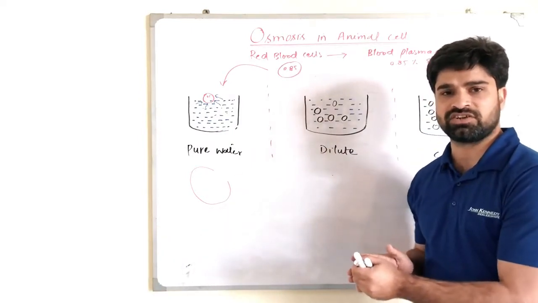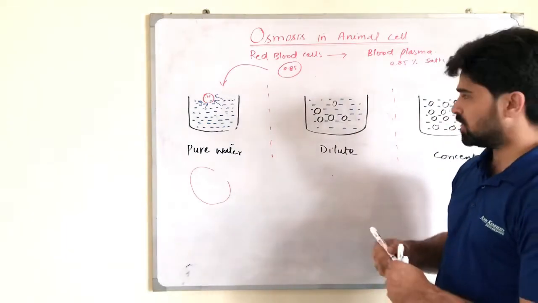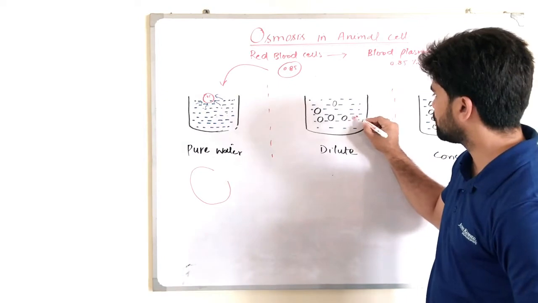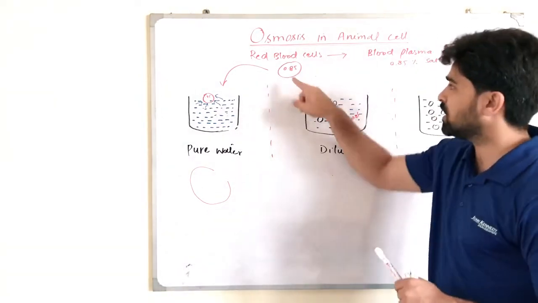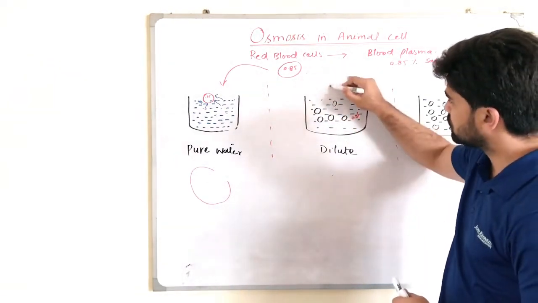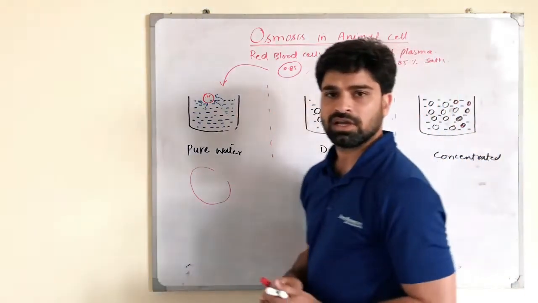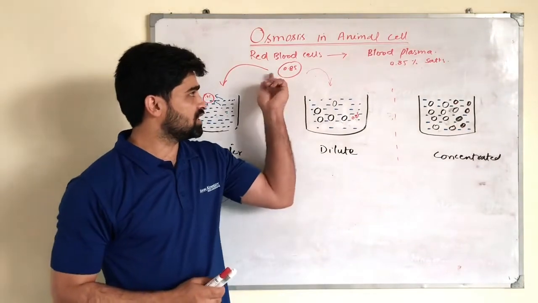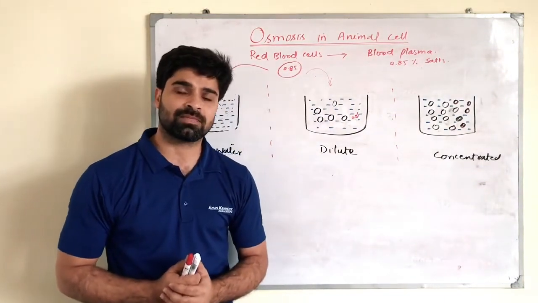But in the second case, if we put the red blood cell in a solution which has the same salt concentration as the red blood cell, that means the solution contains 0.85% salt, what will happen to that cell? Is there any possibility that physical changes can occur in this cell?